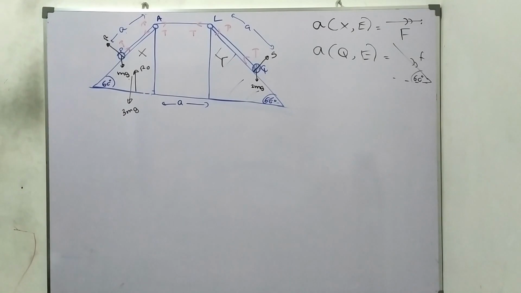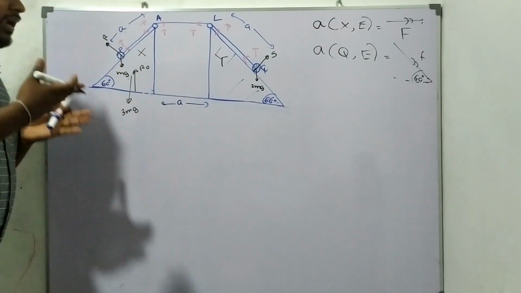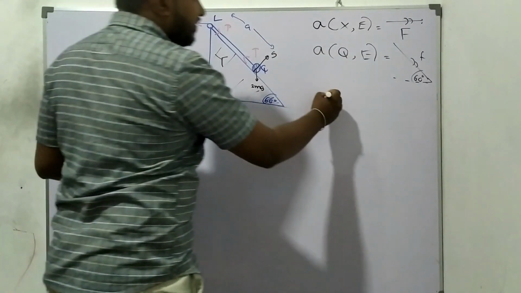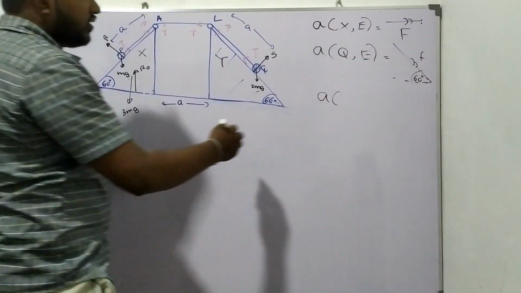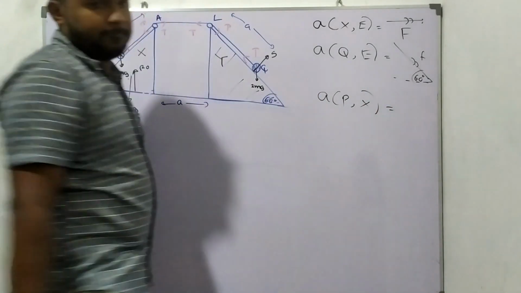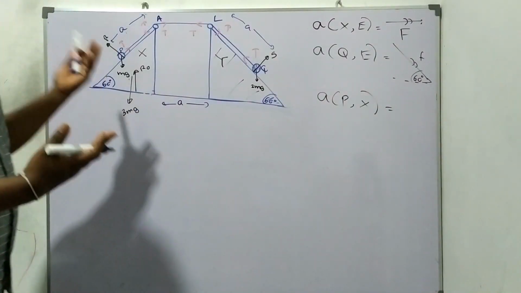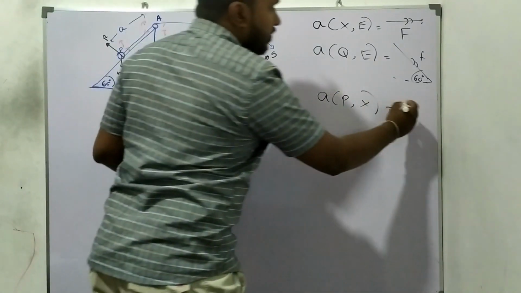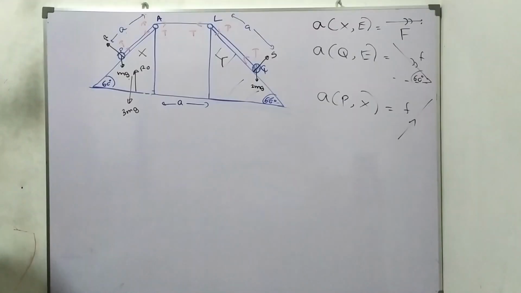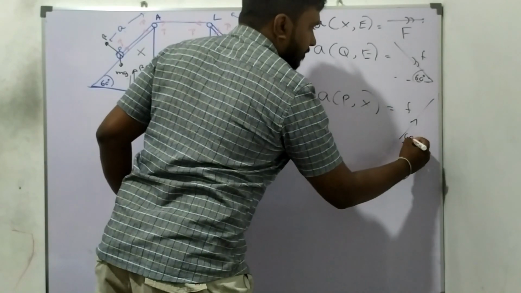And also the particle P is on the non-fixed wedge, the moving wedge. So the acceleration of P relative to capital X, I don't know, because it depends on the wedge acceleration, so I assume simple f1. Surely relative to the wedge, it's going up at 60 degrees.